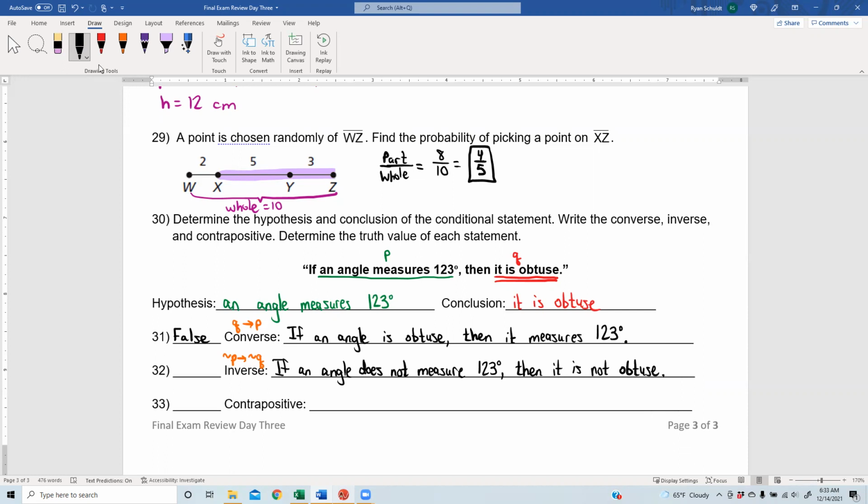What do we think on that one? True or false? That one is also false. Just because it's not 123 does not mean it can't be obtuse.